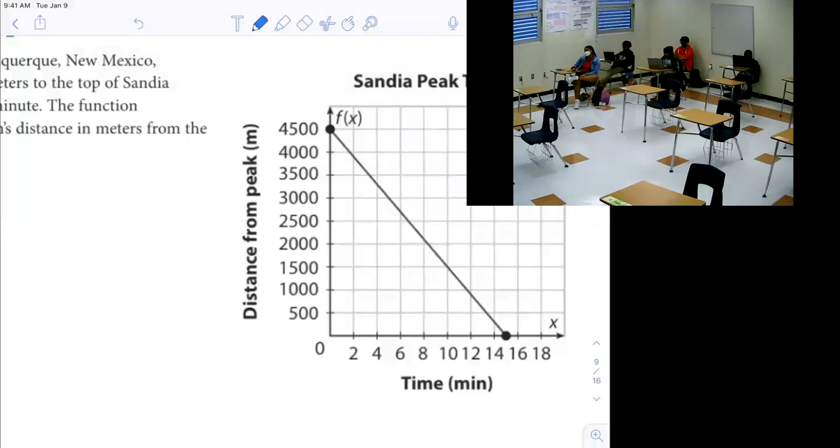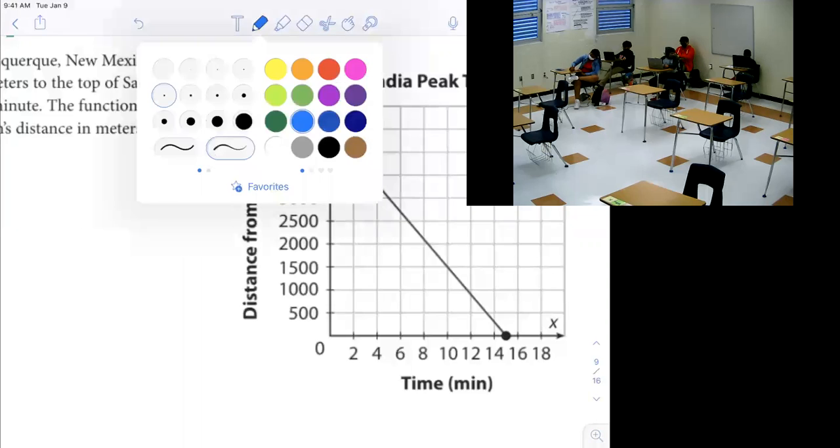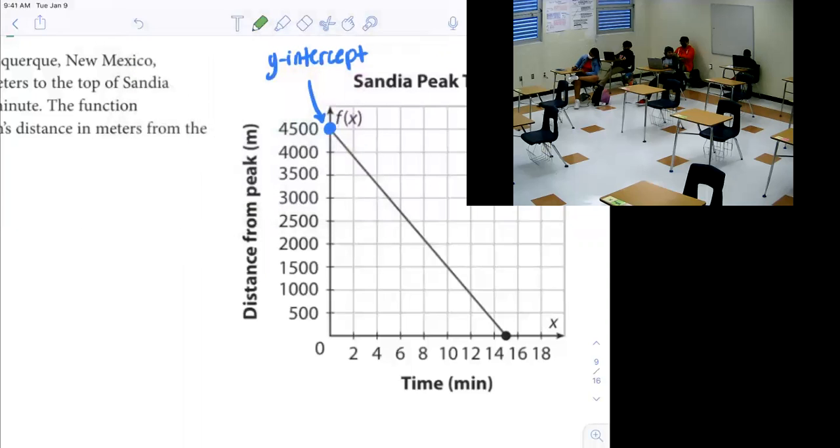Where is it touching the y-axis? 4,500, right here. So that's my y-intercept. Can anyone identify the x-intercept? You can be approximate. Like 15. Yeah, it's in between 14 and 16, so let's call that 15.